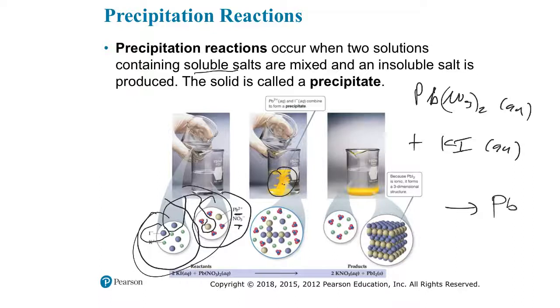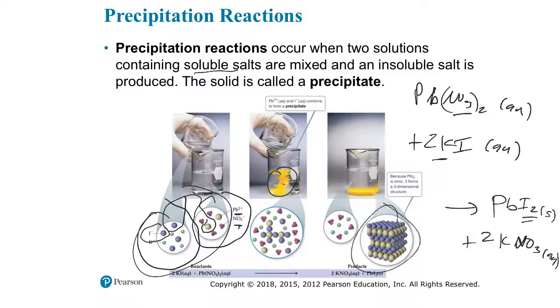So we're going to form PbI2. That's an insoluble precipitate. That's one of the insoluble iodide salts. And then the other product is going to be KNO3, potassium nitrate, which is water soluble. And so if we want to balance this out, it's going to take 2 KIs. We're going to get 2 KNO3s to give us our PbI2.